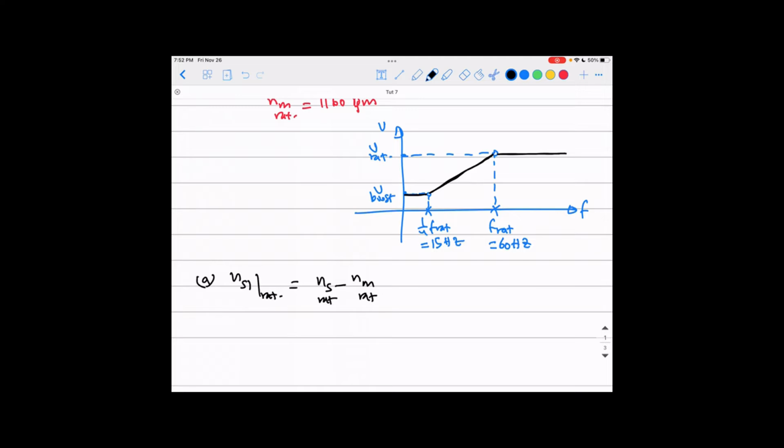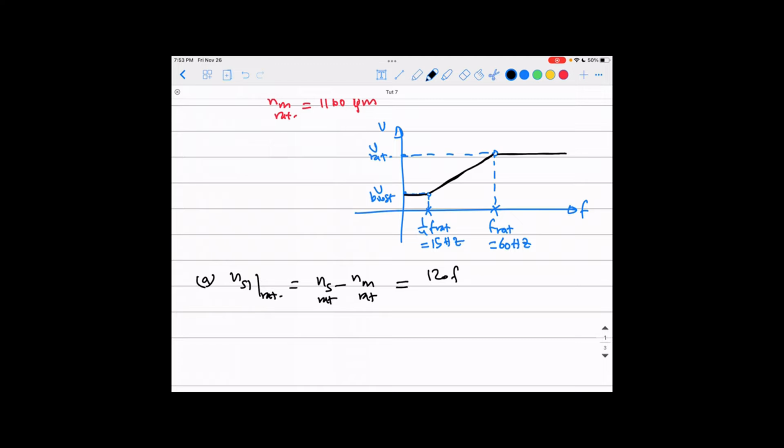We didn't do this in all the problems we solved before with the induction motor, because we didn't change the frequency, so the synchronous speed stayed constant while the mechanical speed changed with the load. But here we're changing the frequency to control the speed, which means we have different synchronous speeds. That's why I'm saying the synchronous speed rated.